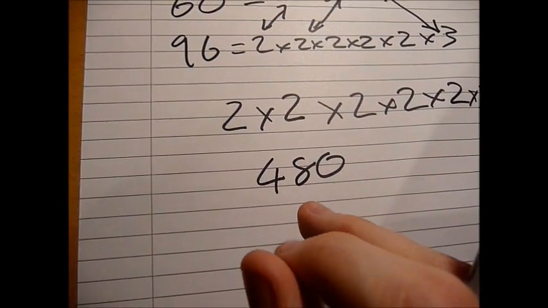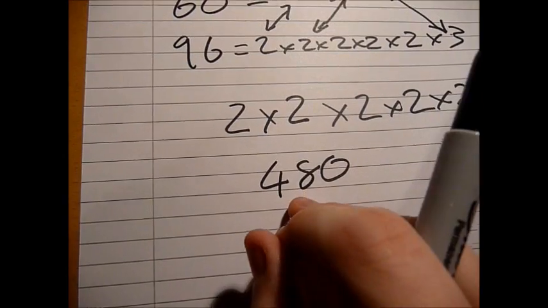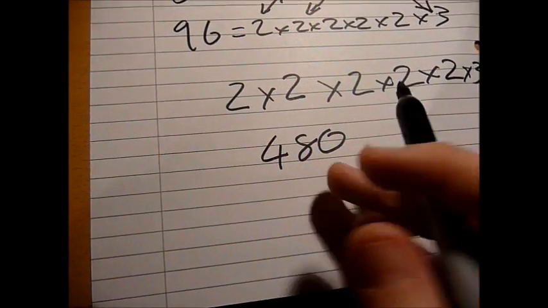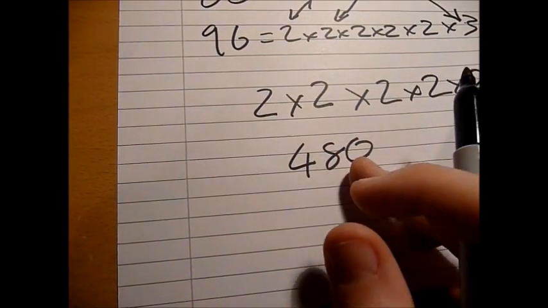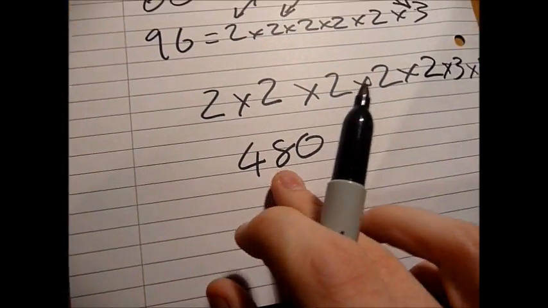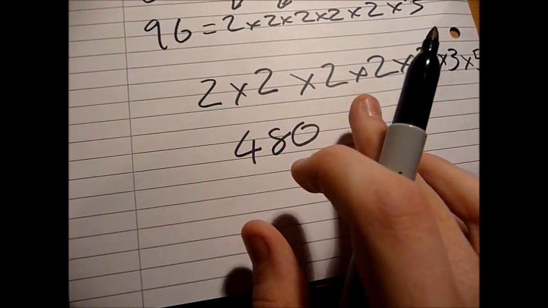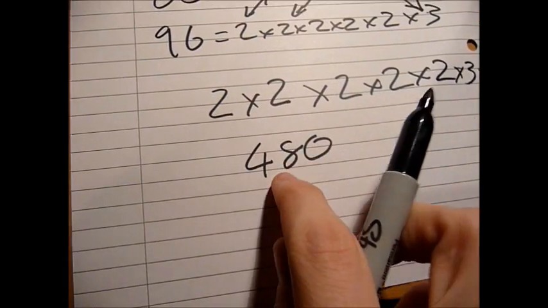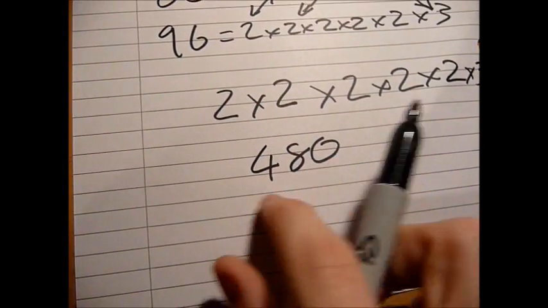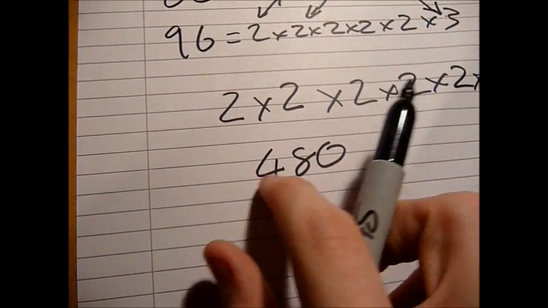If you times 60 by so much, you get 480. If you times 96 by so much, you get 480, and that is the lowest number that is in the times table of both of them.